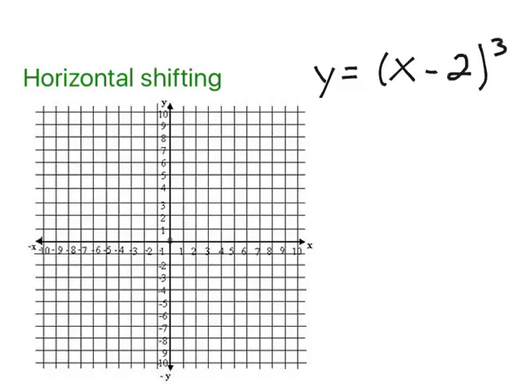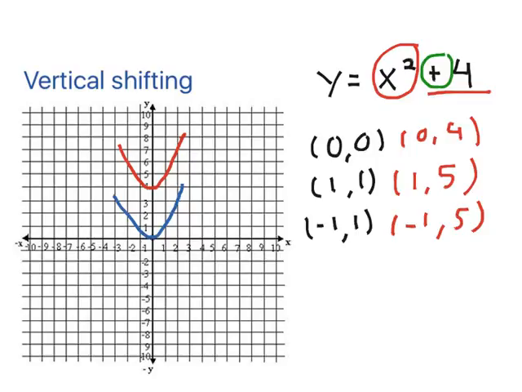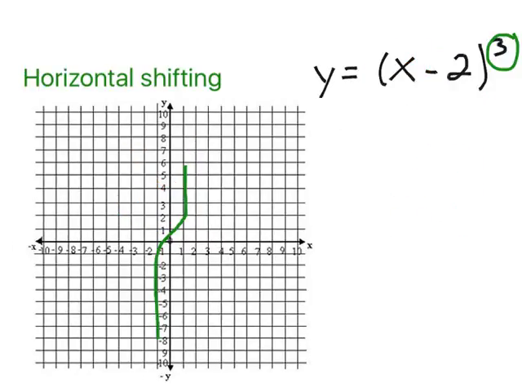Here we have an odd function, which means our function will be this shape. And well, as we can see, the difference between a vertical shifting and a horizontal shifting is that the operation is in a parenthesis. We have an x minus 2 in a parenthesis.